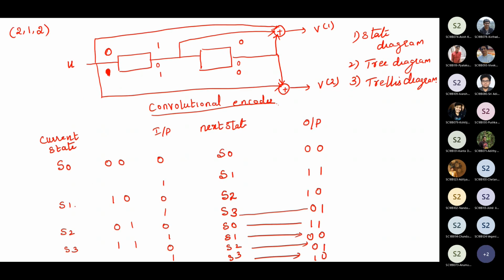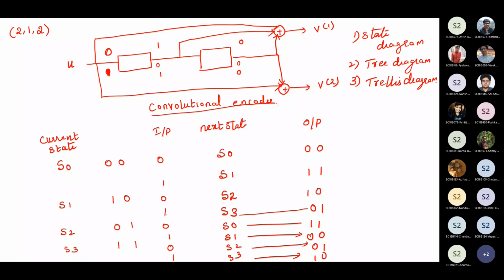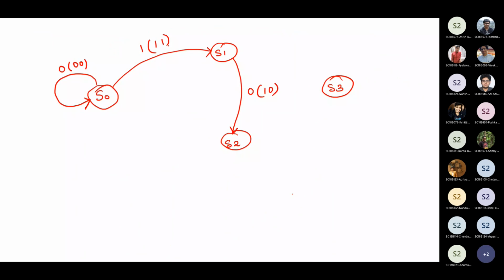Here you see, from S1, if you give 0, it goes to S2 with output 1, 0. Next one, if you give 1, it goes to S3 with output 0, 1.